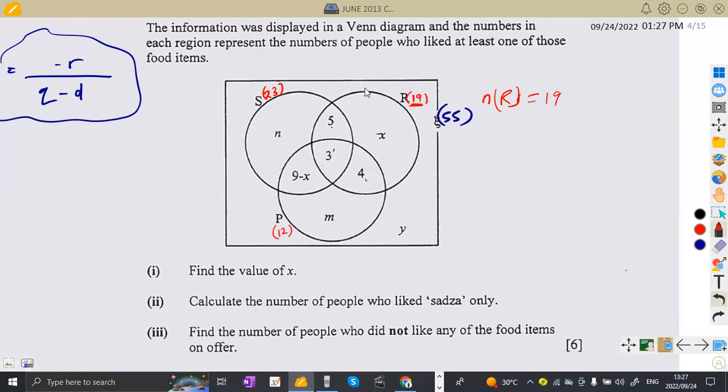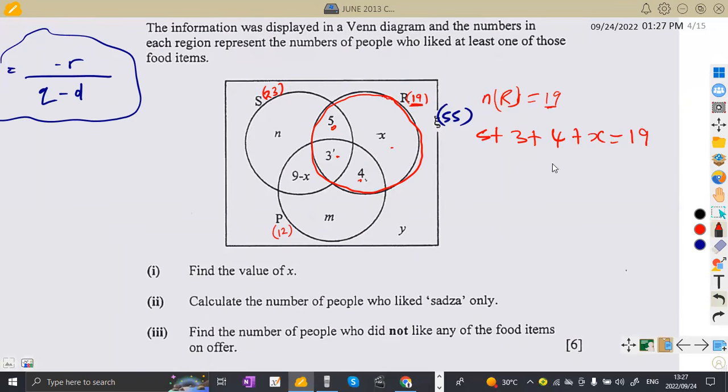So what does it mean? If I add everything surrounded by set R, I'm supposed to obtain 19. So I add 5 plus 3 plus 4 plus x, which must give 19.